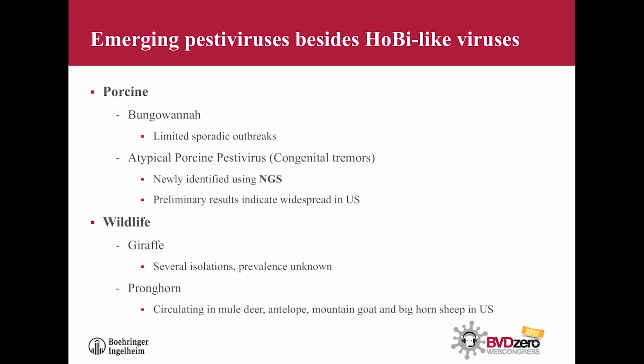That is, we had to be able to grow viruses in cultured cells. If we couldn't, we had a tough time isolating and identifying that virus. Using next-gen sequencing techniques, they've been able to identify a brand new species of pestivirus that doesn't grow well in the tissue culture cells that we have available to us.